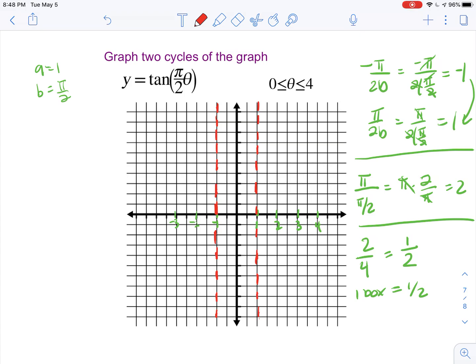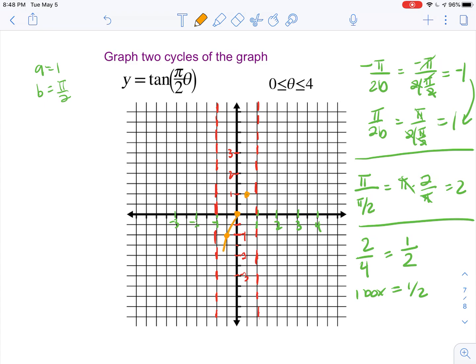Each box is equal to 1/2, so I don't have to worry about counting. I know that each box will have a major point. And where did the major points go? Well, my a value is 1, so let's label it the same. -1, -2, -3, 1, 2, 3.